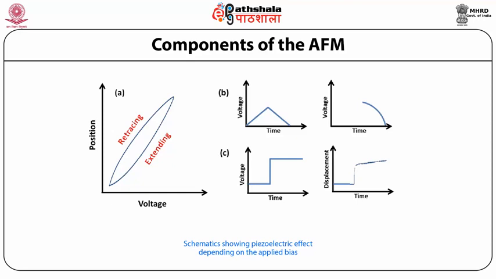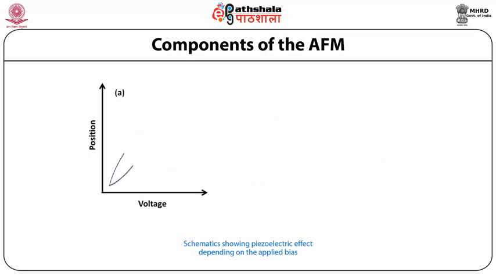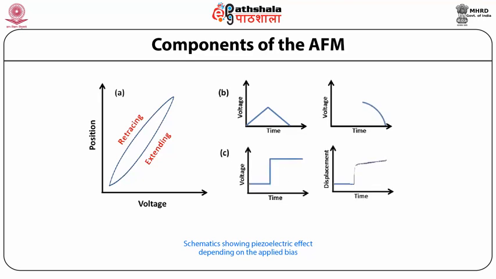When a large offset is applied, the scanner stops scanning and a DC voltage is applied to the scanner for the movement of the offset distance.